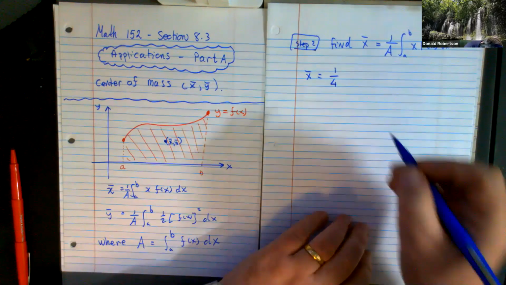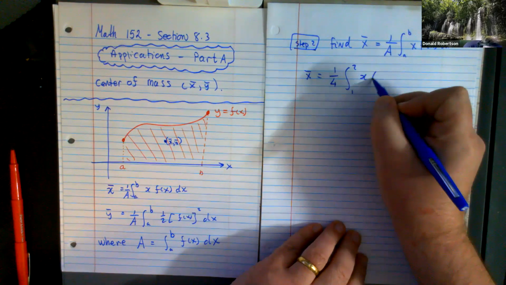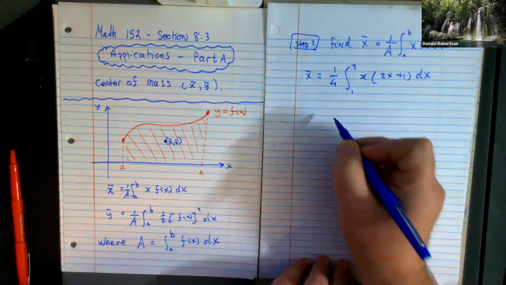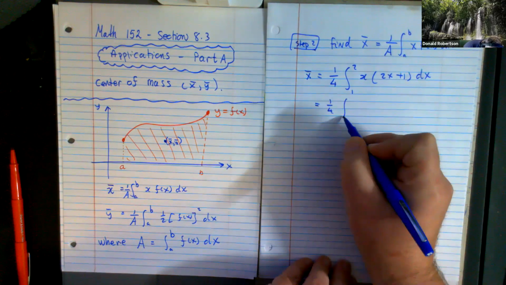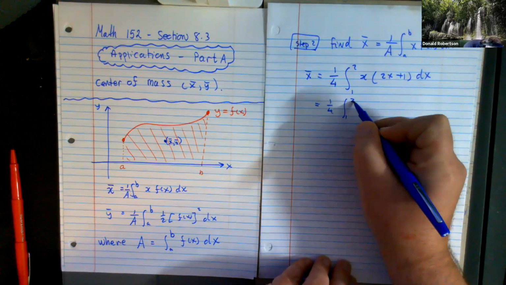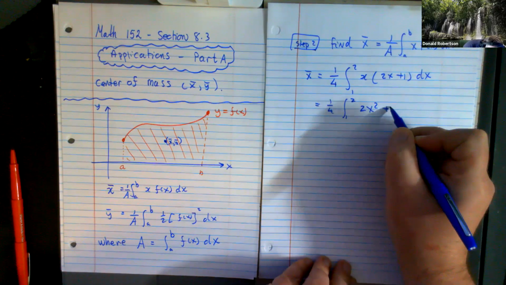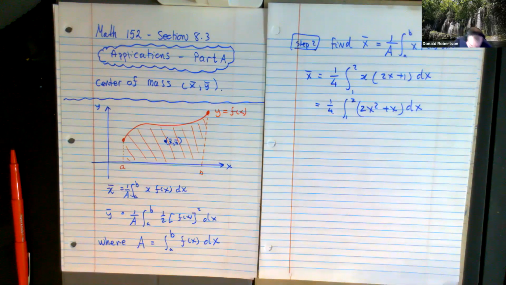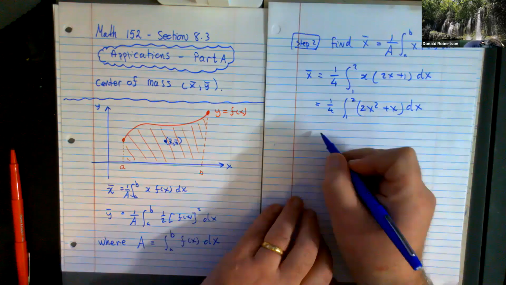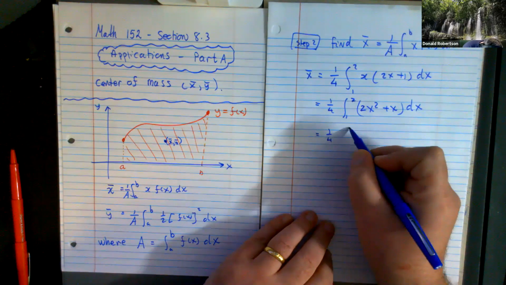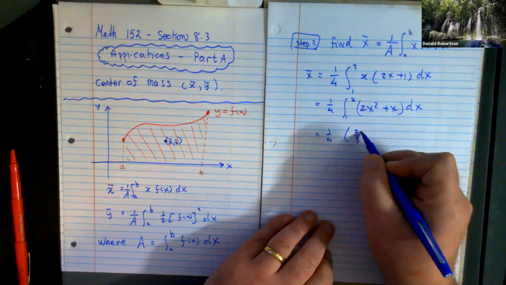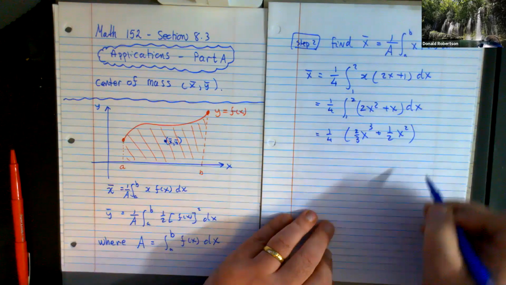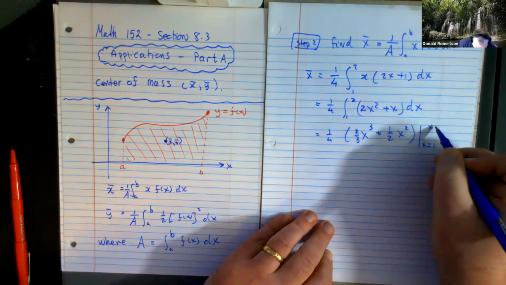The integral from 1 to 2 of x, and the function was called 2x plus 1, so we're going to get that. Would you agree probably the easiest thing to do here would be just to distribute the x's? That way we could do a power rule, right? That would be the obvious way to tackle that. Add 1 to the power, divide by the new power. Add 1 to the power, divide by the new power. We got all that stuff.